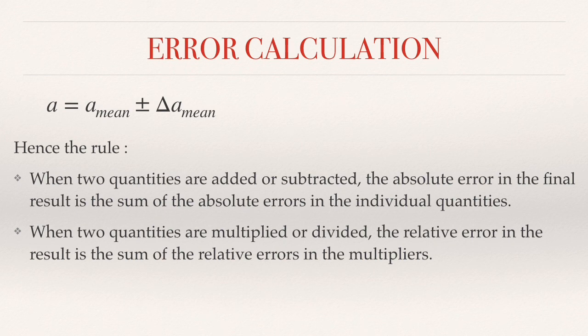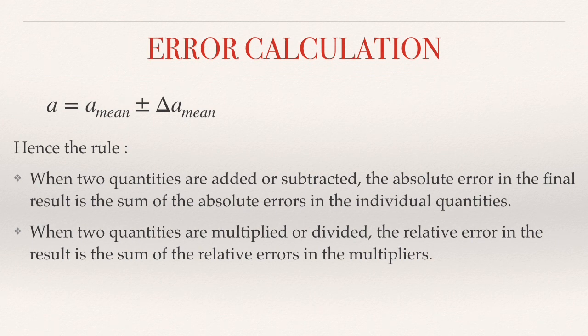For arithmetic, addition and subtraction, the final absolute error is the sum of the absolute errors in the individual quantities. When two quantities are multiplied or divided, we talk about relative error: the relative error is the summation of the relative errors of the multipliers or divisors.